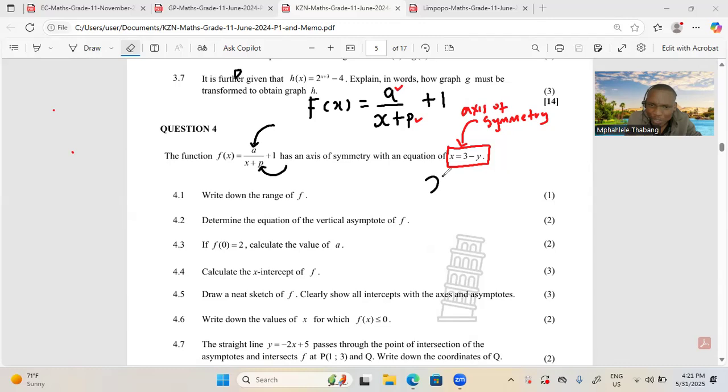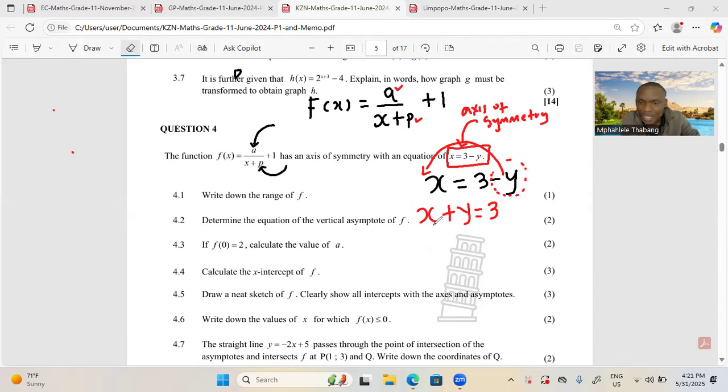So x equals 3 minus y. What you can do, you can take this minus y to the left-hand side. You transpose minus y, so it's going to be x plus y equals 3. Now you take this x to the right-hand side. You want to make y the subject of the formula, you want y to be left alone.